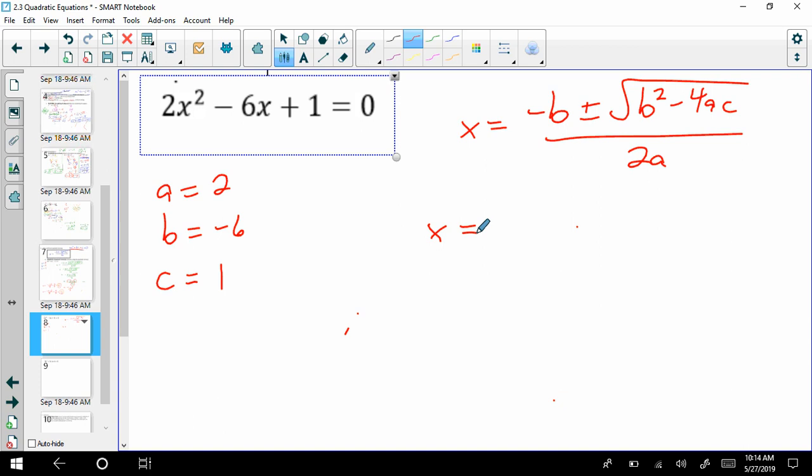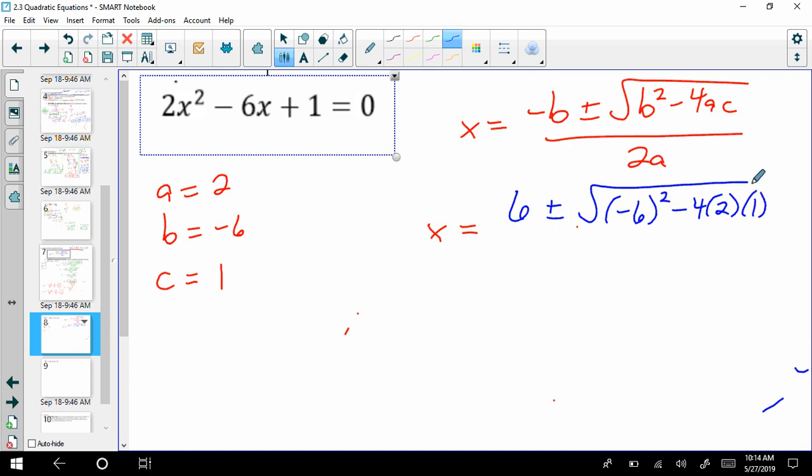So now careful here. I have negative b, but b is negative 6. So it turns opposite, because I'd have a negative 6 plus minus. Parentheses are super important here when we square this. Minus 4 times 2 times 1, all divided by 2 times 2.